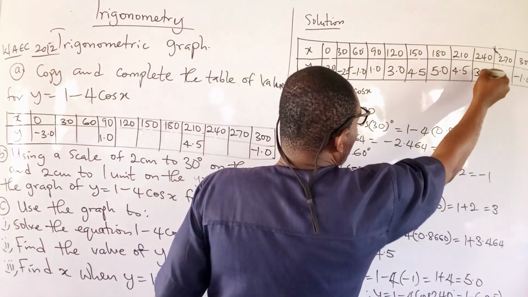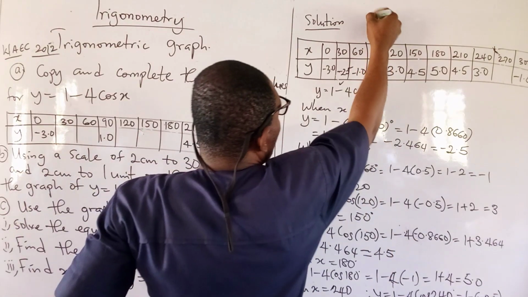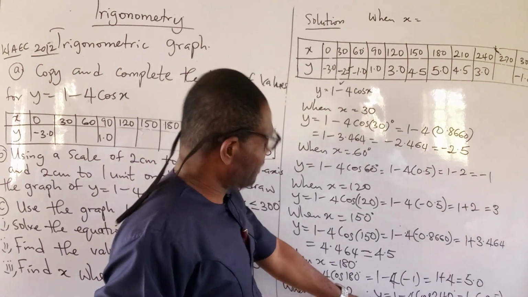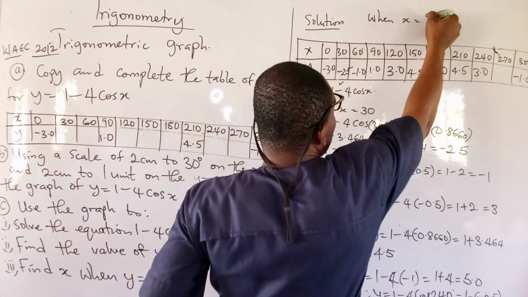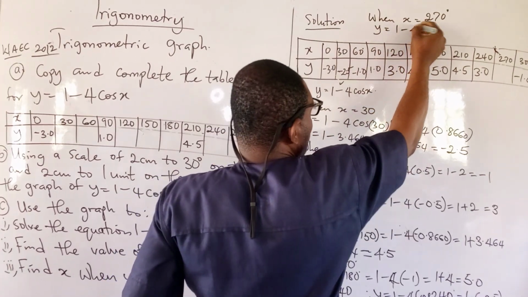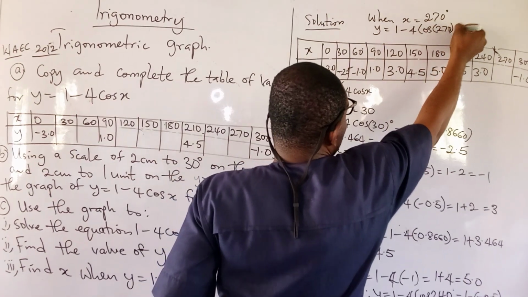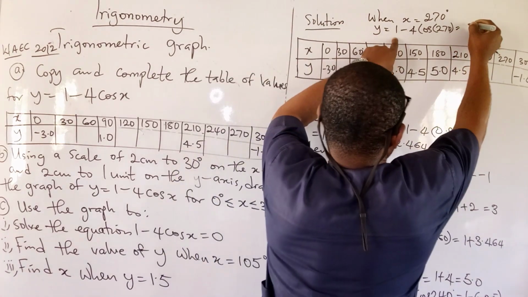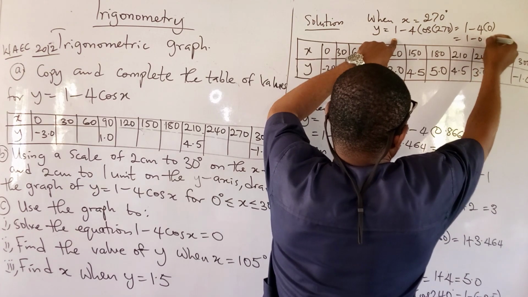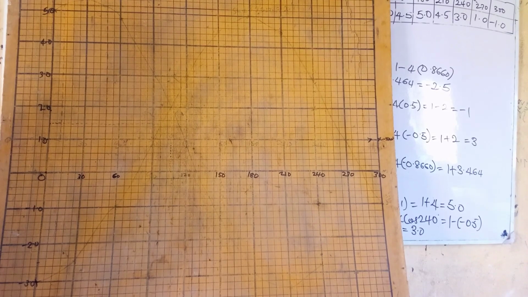The last one is when x is equal to 270 degrees. So y is equal to 1 minus 4 times cos 270 degrees, which is 0. So 1 minus 4 times 0 is 1 minus 0, which gives us 1.0.